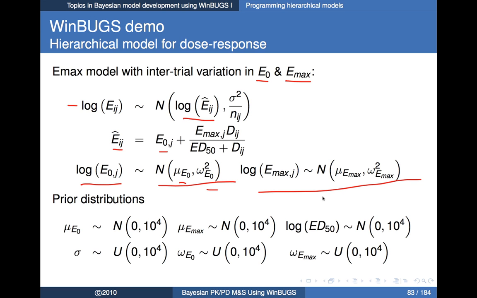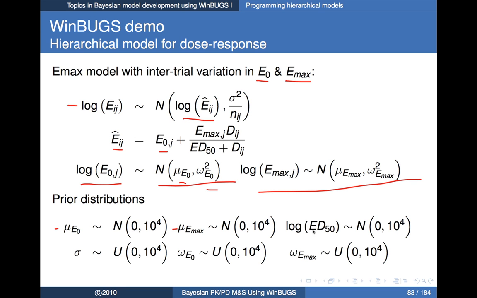We've got a bunch of weakly informative priors stuck on these things. Our means for E0 and Emax are both centered at, keep in mind those mu's are for the log of those quantities, so they're centered at 0 with a variance of 10 to the 4th, or put another way, a standard deviation of 100.